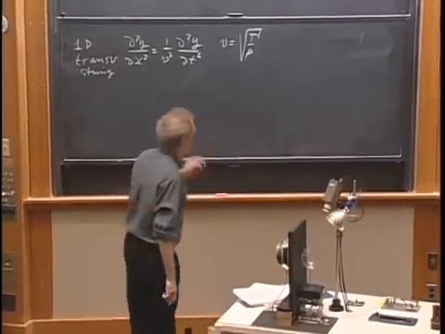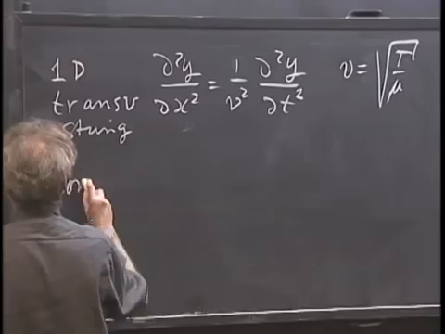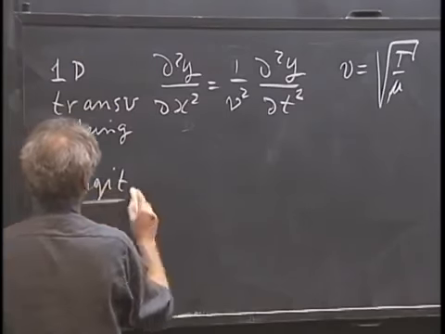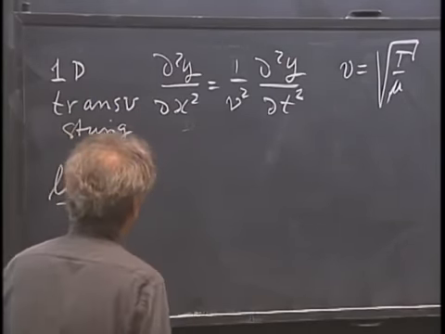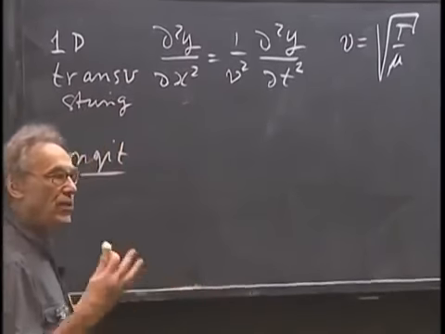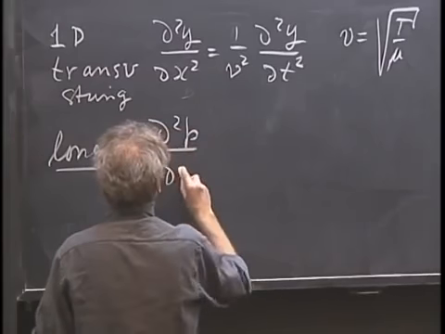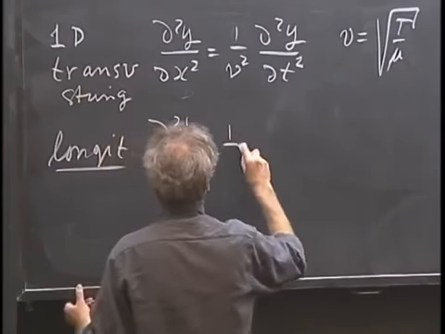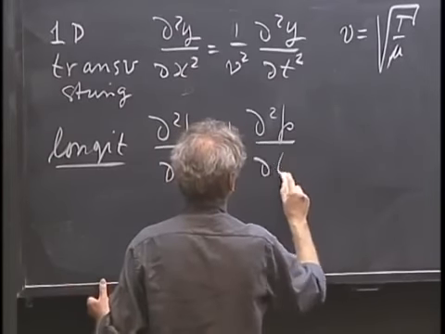We also examined longitudinal motion, again 1D. Sound is a longitudinal wave. And if you deal with pressure, you think of sound as being a pressure wave, then you get d2p/dx squared equals 1 over v squared times d2p/dt squared.